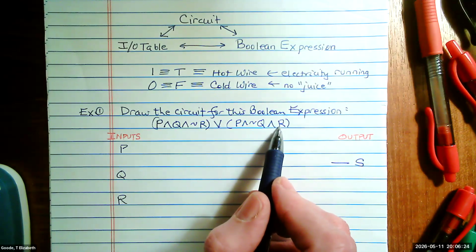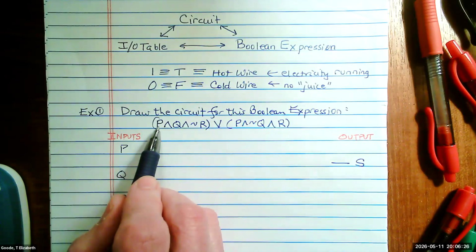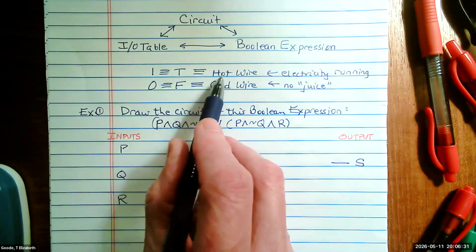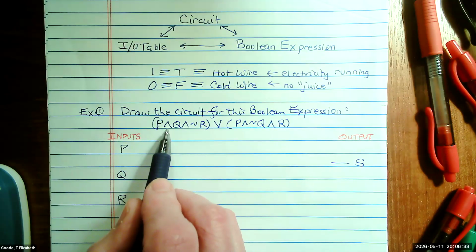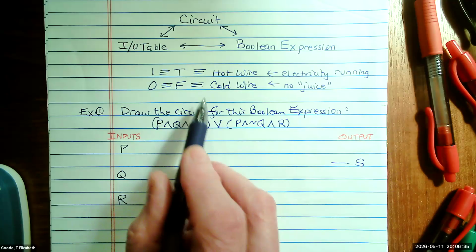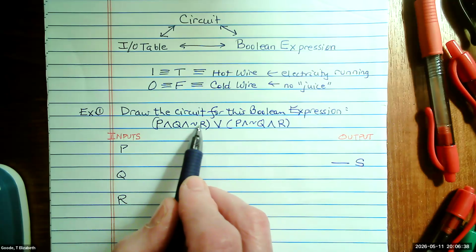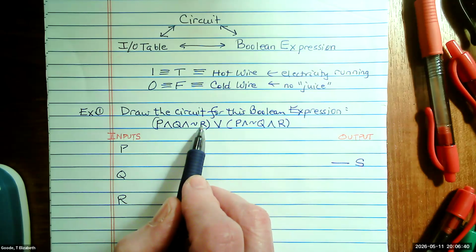Well, what does that mean? It means if the P wire, when we just write P, we're saying P is true. Here, that means P is a hot wire and Q is hot or true, and not R is true, which means R is false or cold.